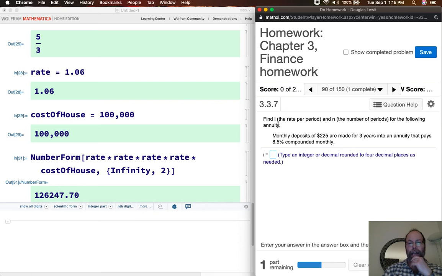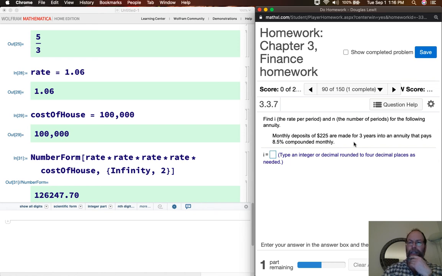Find i, the rate per period, and n, the number of periods, for the following annuity. Monthly deposits of $225 are made for 3 years into an annuity that pays 8.5% compounded monthly.